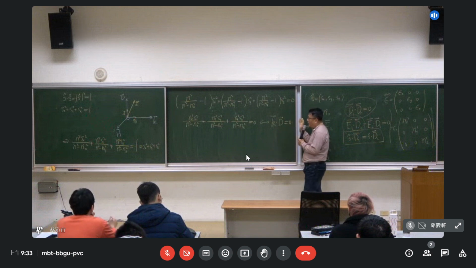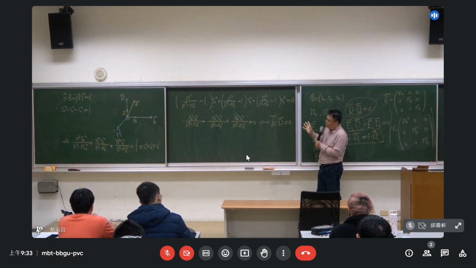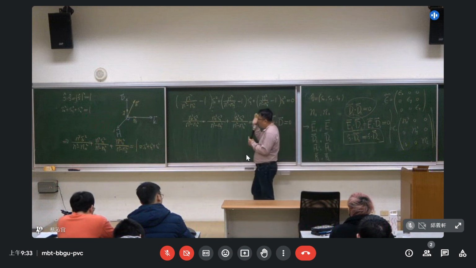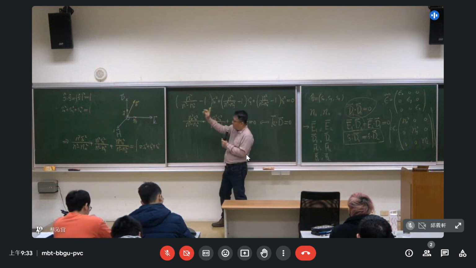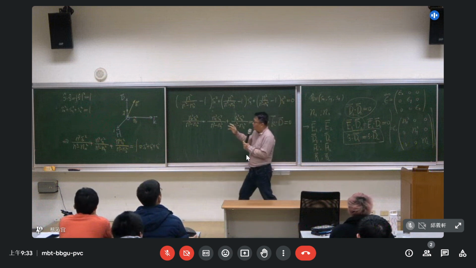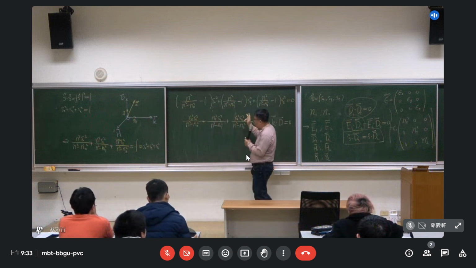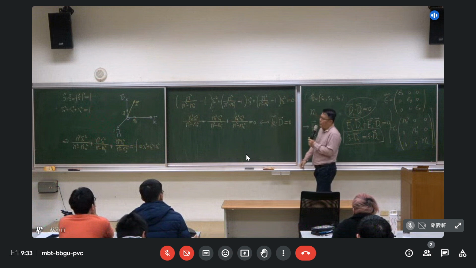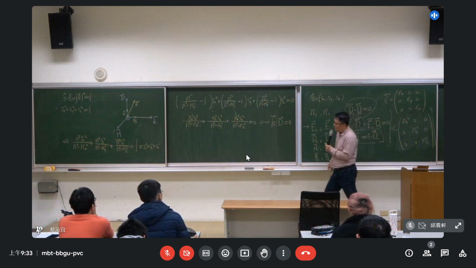So if I want to know the three components of the D vector, I just multiply epsilon x, epsilon y, and epsilon z to the three components of the E vector, which is proportional to nx squared, ny squared, nz squared times the three components of the E vector.